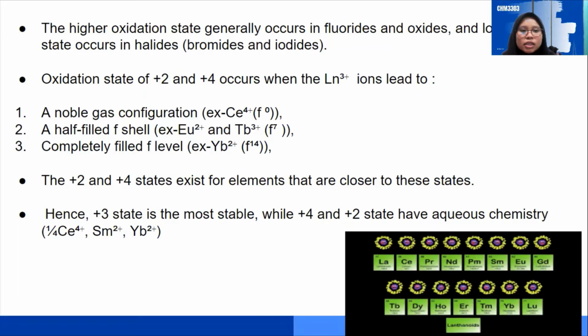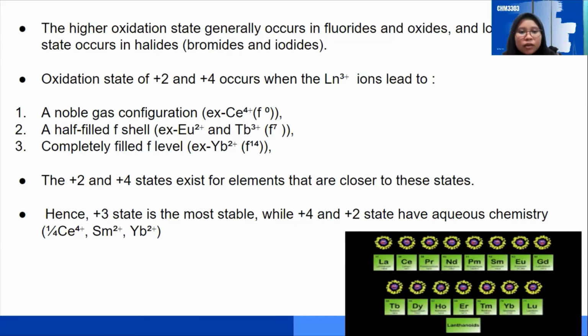Then the oxidation states of +2 and +4 occur when the lanthanoid 3+ ion leads to, firstly, a noble gas configuration, for example, cerium 4+ ion that has an empty f orbital, and then a half-filled f shell, for example, europium 2+ ion and the terbium 3+ ion that contain 7 electrons in the f shell. And lastly, a completely filled f level.